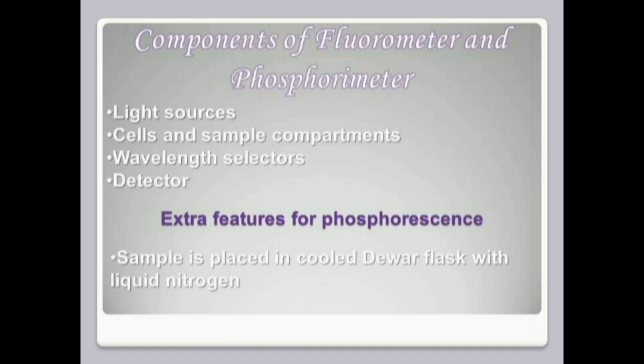The main components of fluorometer and phosphorimeter are light sources, cells and sample compartments, wavelength selectors, and detectors. There is also an extra feature for phosphorescence, where a sample is placed inside a cooled Dewar flask with liquid nitrogen so as to keep the temperature low.